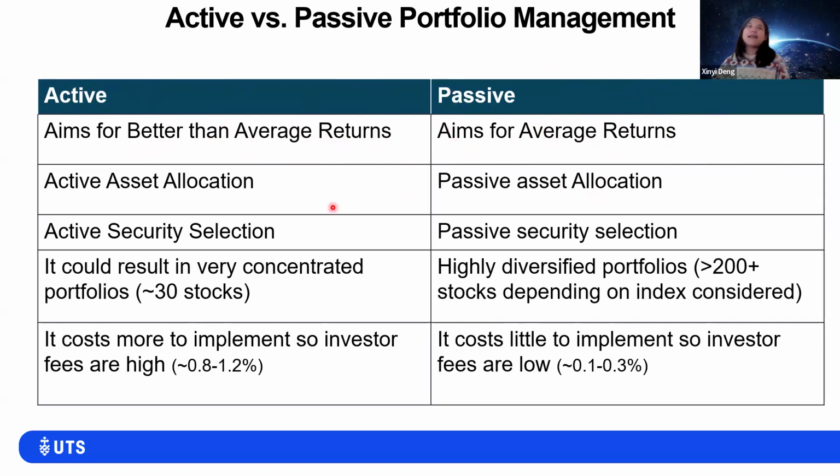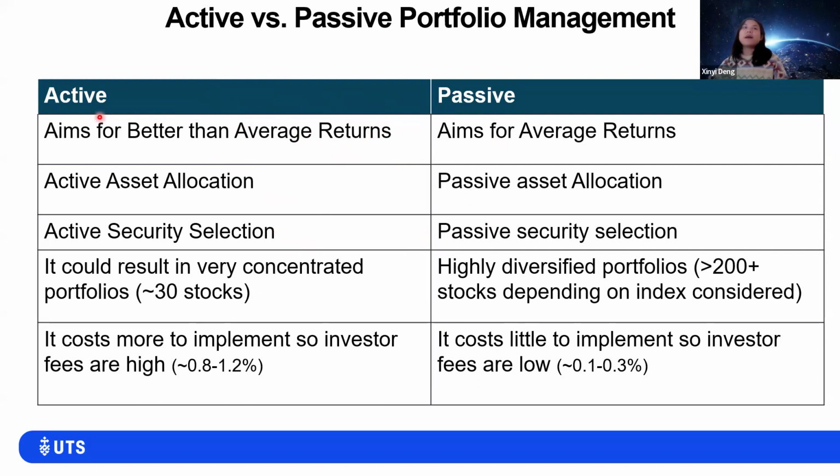And therefore, the active portfolio managers are always looking for superior asset classes, and they are always looking for superior security classes as well. And as a result of the difference in the investment philosophies of the active portfolios and the passive portfolios, their portfolio compositions differ as well.